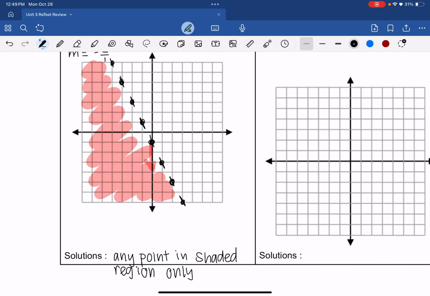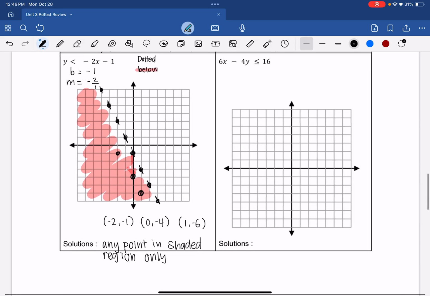So in this case, it could be negative 2, negative 1, 0, negative 4, 1, negative 6. So all of these points here that I'm drawing are all in the shaded region, okay? All right. So that means those are some options that you could have chosen for some solutions.